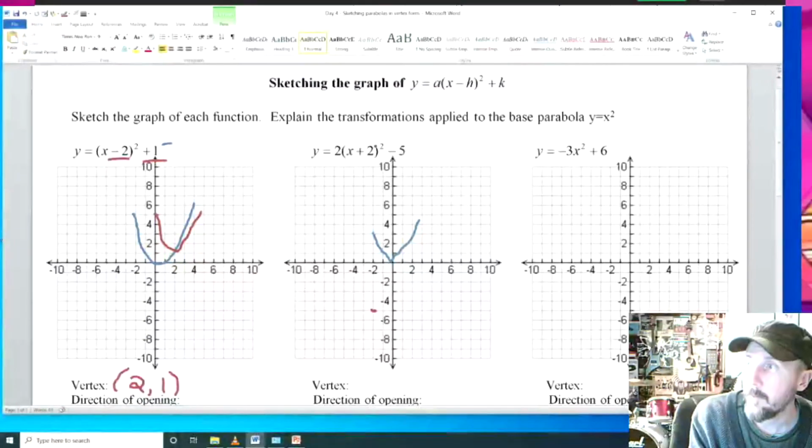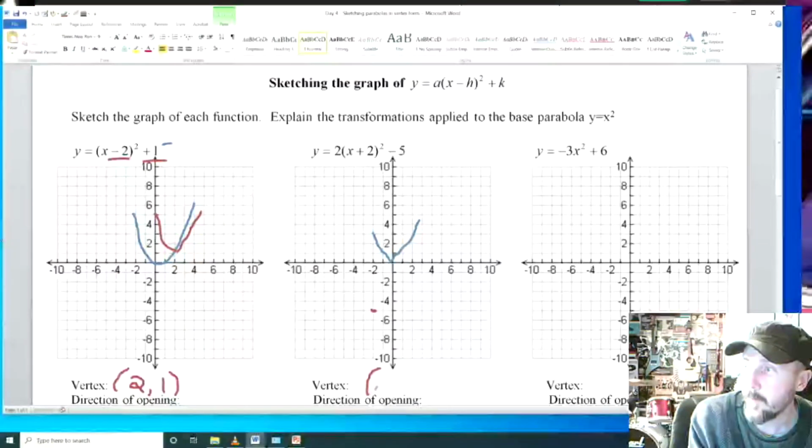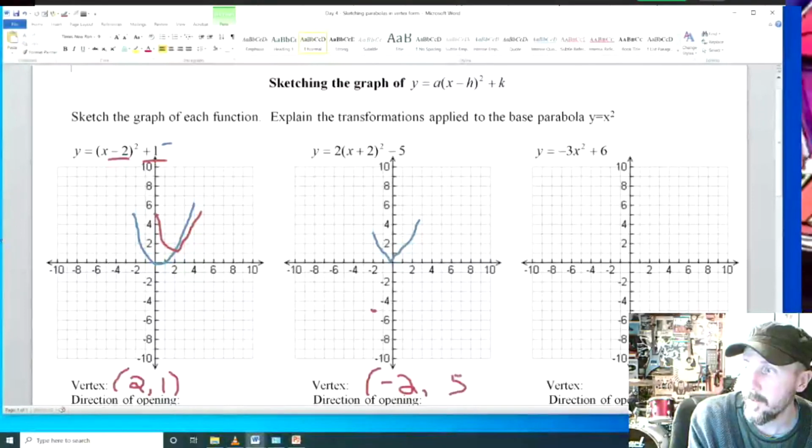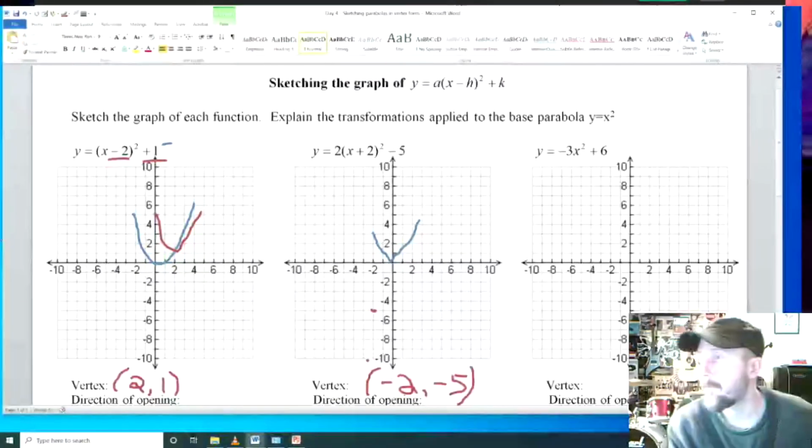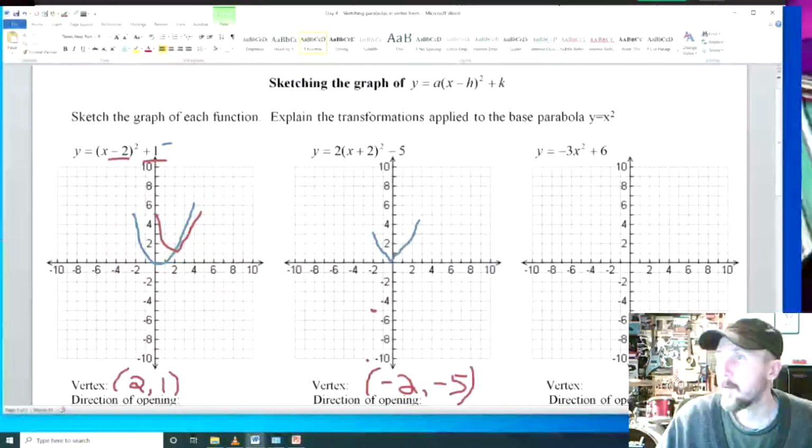This vertex would be minus 2, minus 5. So we can figure that out right from the equation. Minus 2, minus 5. I don't know if it deleted my minus. There we go. Okay.